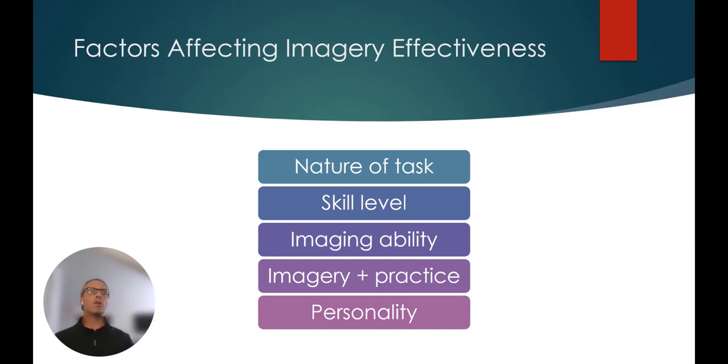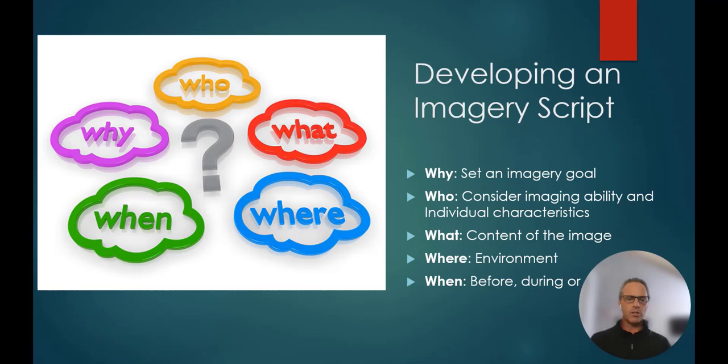Do you feel confident in the skills that you're trying to do? All those factors play a part in the effectiveness of imagery. These are just a few of the factors that I wanted to touch on. There are others, obviously, because imagery is super complex, but these are the primary ones that we can all have control over and think about when we're creating our script.